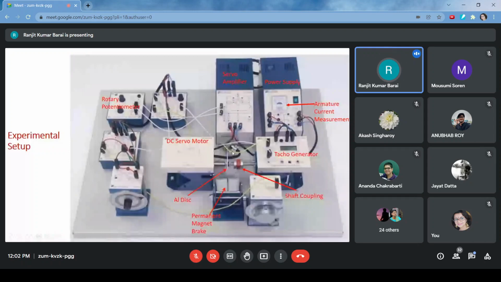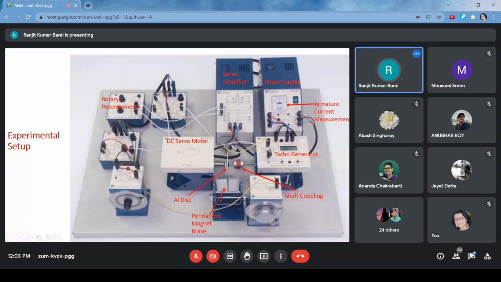So an opposite torque will be developed to obstruct the motion. So that is actually the mechanical load, we can say, being applied on the shaft. So we are basically applying the mechanical load on the shaft by virtue of this eddy current brake.